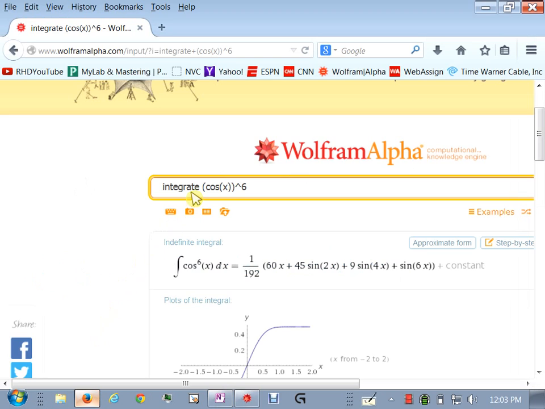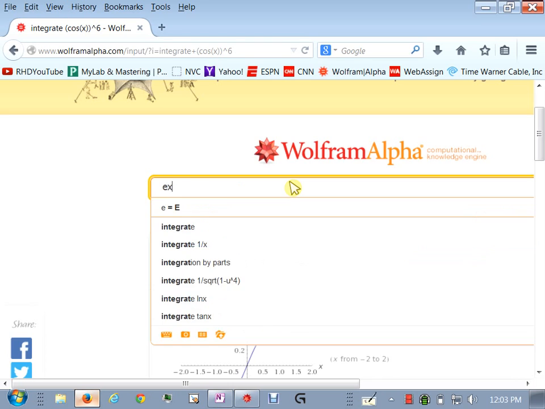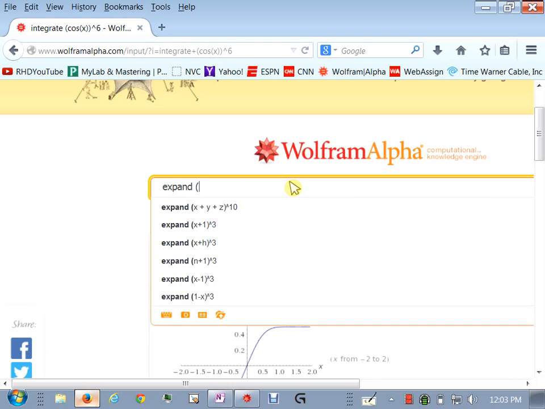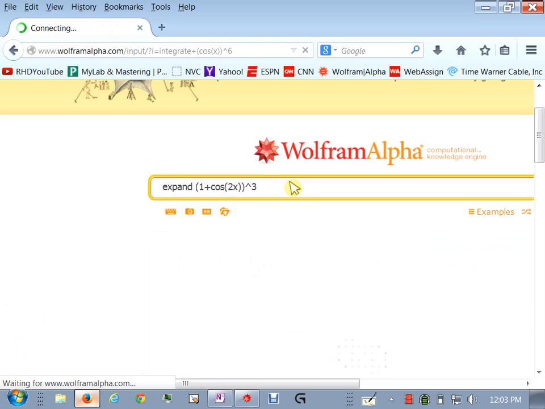By the way, if you go to Wolfram Alpha and you want to multiply something out like that, you can just type it in. But if you write expand, that's the operation Wolfram Alpha will understand as cubed, right?